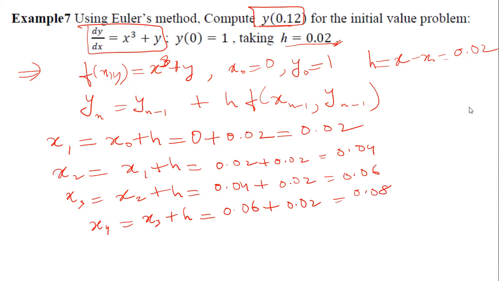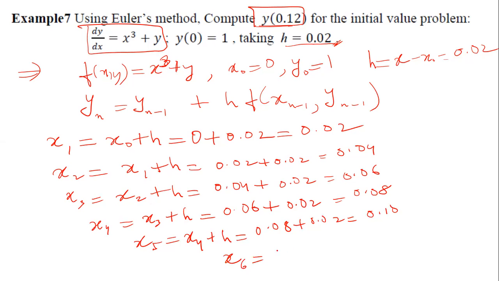Bear with me, I have to complete this till 0.12. x5 will be x4 plus h, so 0.08 plus 0.02 is 0.10.